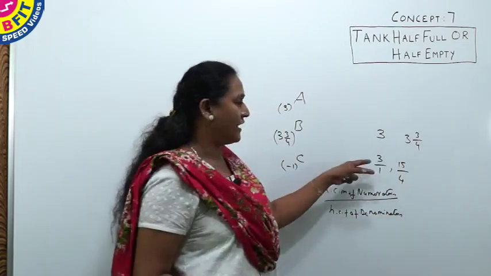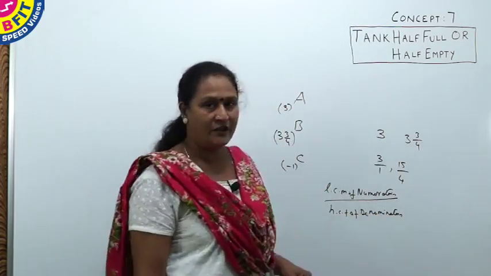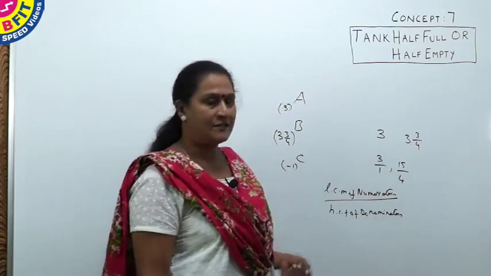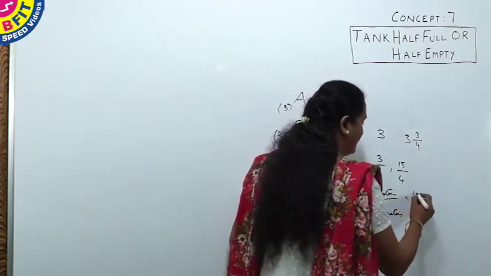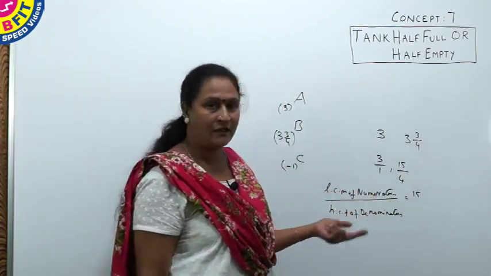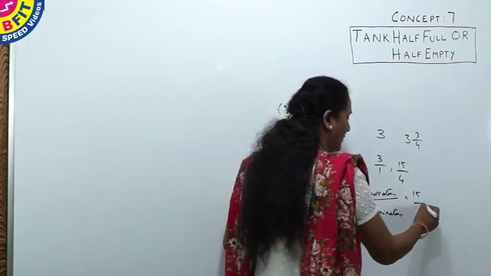And now what will be the fraction LCM for 3/1 and 15/4? So for 3 and 15, what is the LCM? 15 is the LCM. And what is the HCF for 1 and 4? No common factor, so 1 will be the common factor.